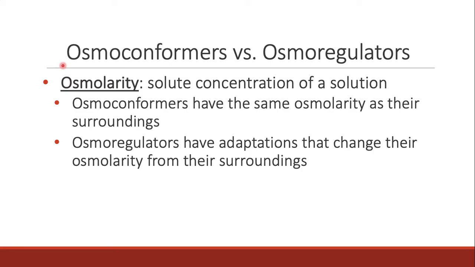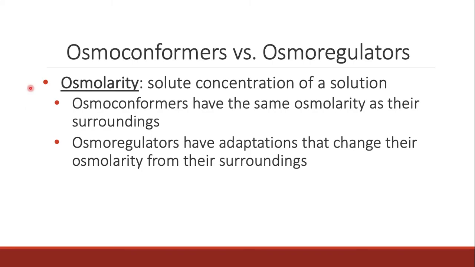So, if you remember from chemistry, and maybe some from freshman biology, osmolarity is the solute concentration of a solution. Remember, solutes are the stuff that dissolve in the solvent. Most of the time, the solvent is water. Solute could be salt, or sugar, or potassium, or chlorine, all of that.